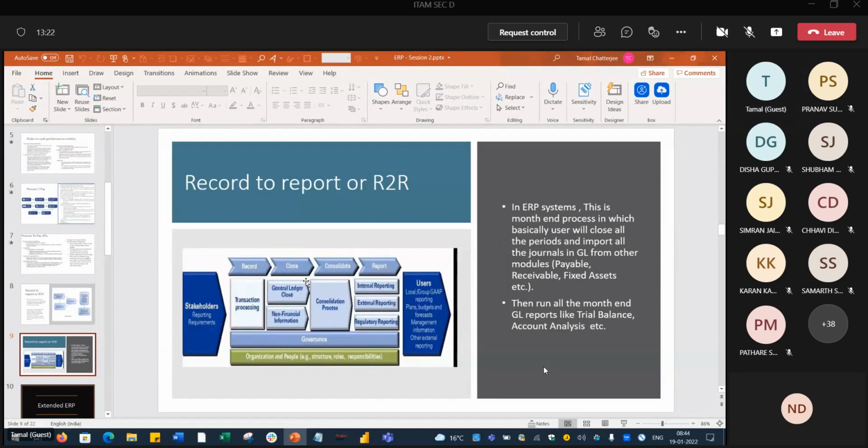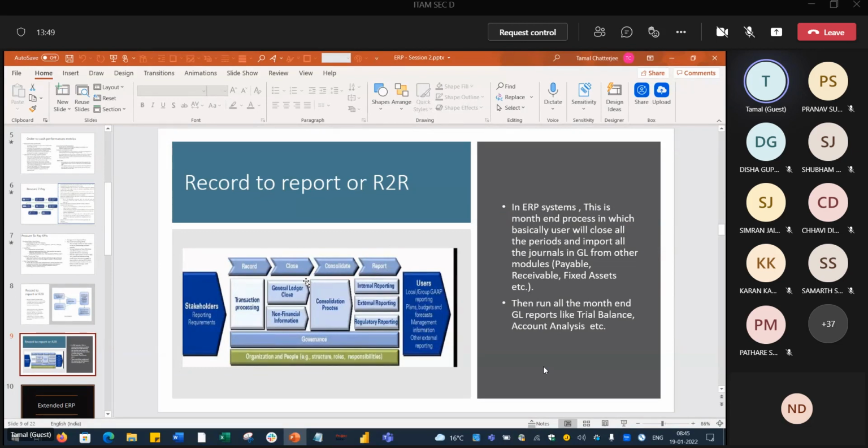So that is the R2R system. The crux of the story: R2R has to be there because accounts and finance must be there for any organization. So these are the areas I wanted to give you an idea of: O2P, O2C, P2P, and R2R.